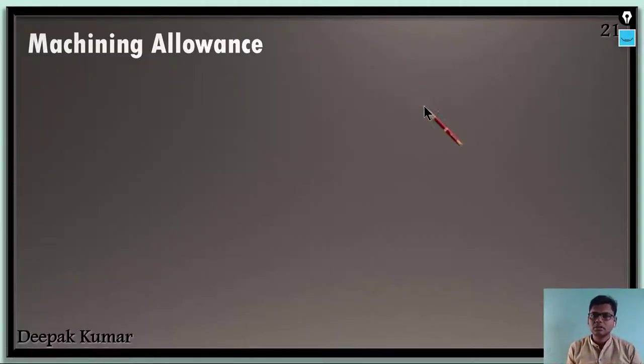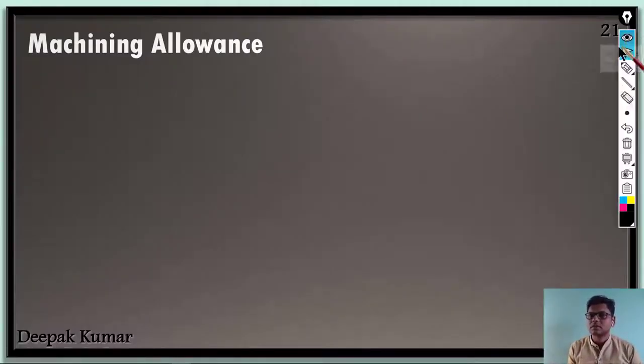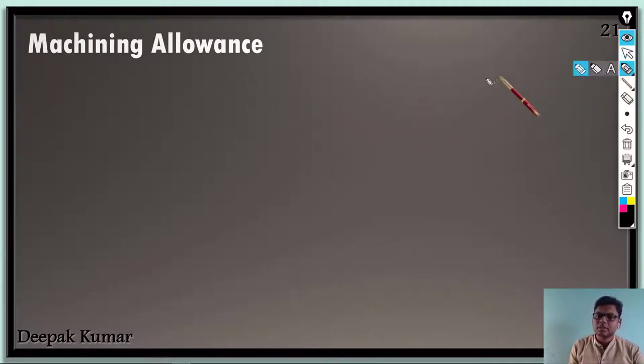So in the last class, on shrinkage allowance, what we discussed is that there are two types of shrinkages.